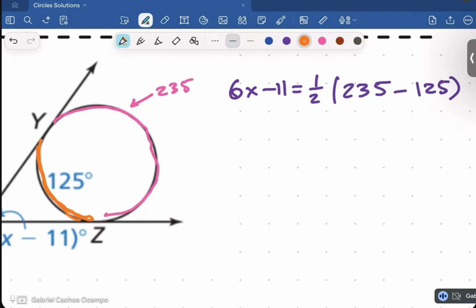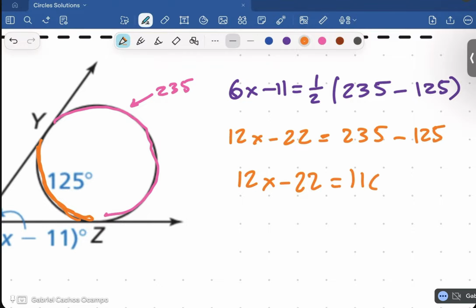I'm going to multiply by 2, so this is going to become 12x minus 22 equals 235 minus 125. What is 235 minus 125? That is 110. I am going to add the 22, so 12x equals 132, and 132 divided by 12 is 11. So x is 11.